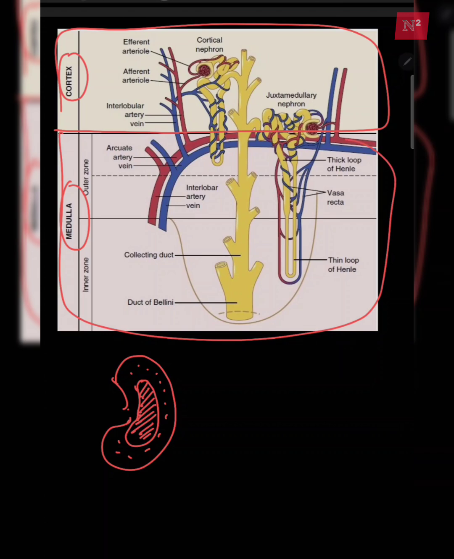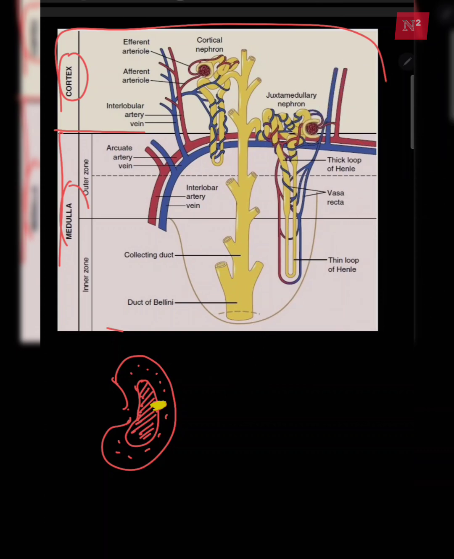Somewhere around here the cross section has been made and you are getting the tissue in this figure. This is the cortical nephron, which is closer to the cortex, and this is closer to the medulla. This is called the juxtamedullary nephron. The obvious distinctive feature between these two nephrons is that one is longer than the other.